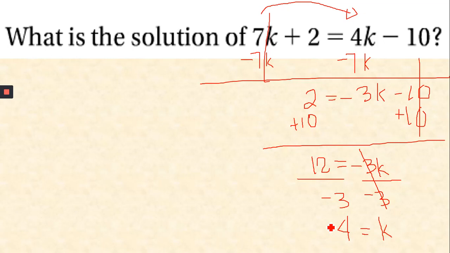Positive divided by negative, that is negative. The value of your k is equal to negative 4. Again, do not be confused. We can write negative 4 equals k this way, k is equal to negative 4. That is through the symmetric property of equality.